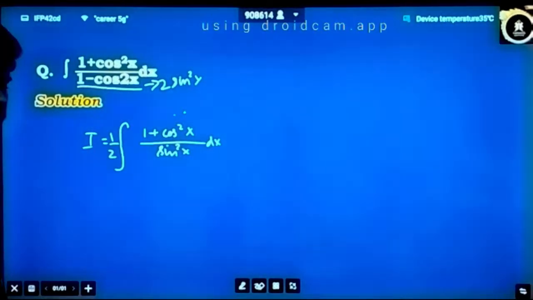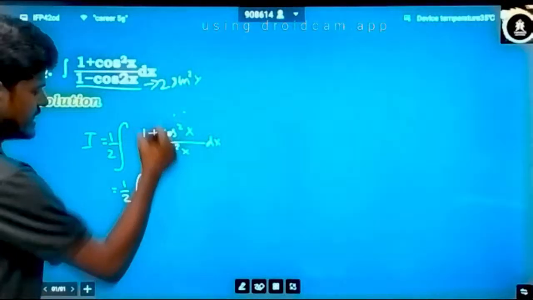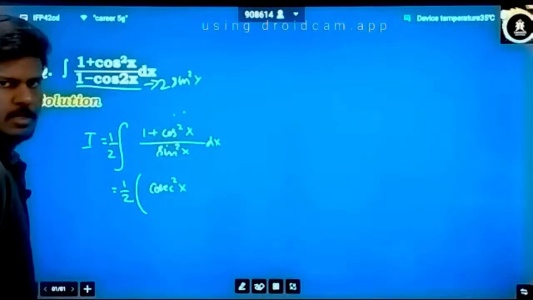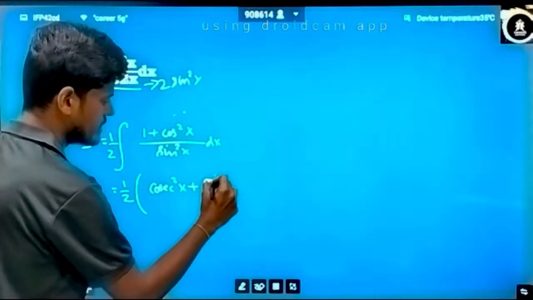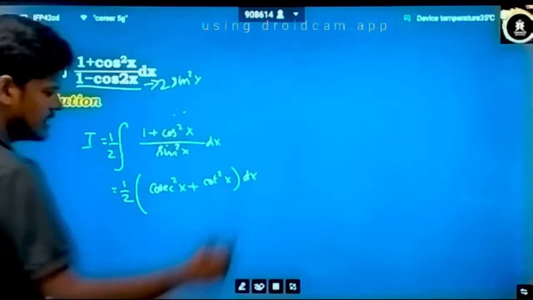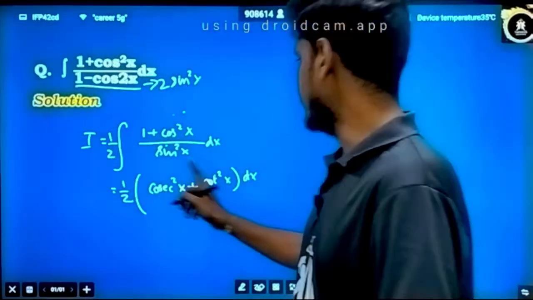Divide this separately. That means we will get half of 1 by sin square, which is cosecant square x, plus cos square by sin square, which is cot square x dx.